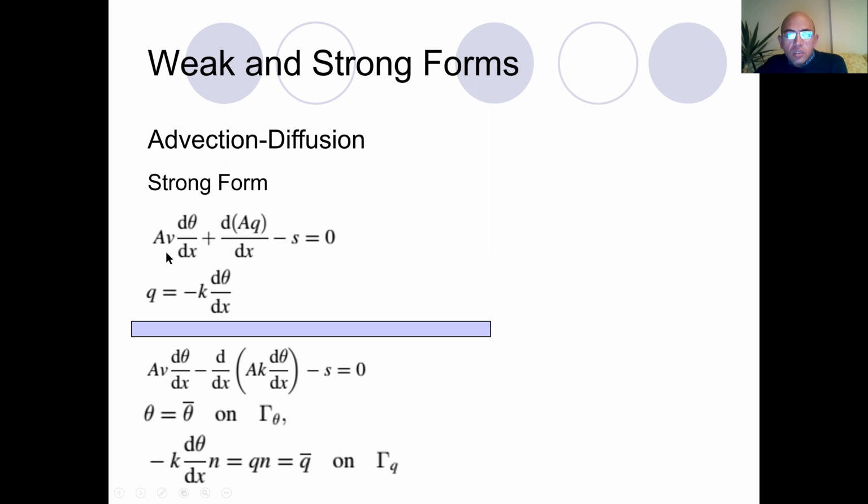Now from here I can write the strong form of the advection diffusion equation as area multiplied by the velocity d theta/dx plus the derivative of the flux with respect to x, that's area multiplied by the flux, minus S. If I use Fick's law, that is Q is equal to minus K d theta/dx, and substitute this expression into this equation, then I obtain another form of the advection diffusion equation.